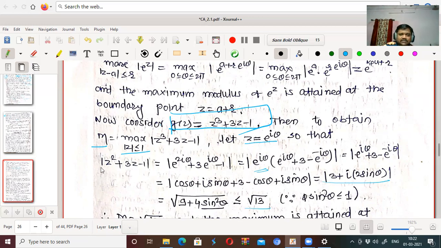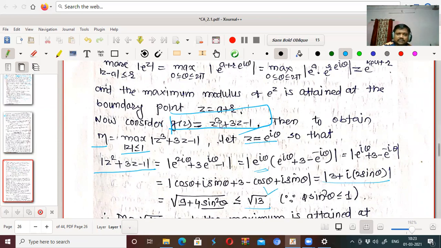So mod of z square plus 3z minus 1 is less than or equal to square root of 13 for mod z less than or equal to 1, in the disk mod z less than or equal to 1. So the maximum value of the modulus in the disk mod z less than or equal to 1 is square root of 13.